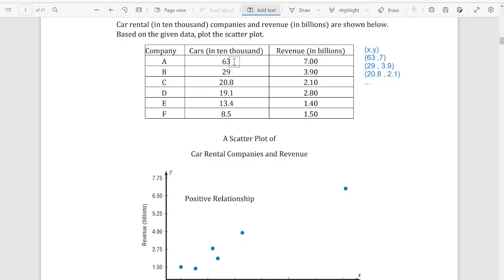So in this case, untuk cars you have the lowest is 8.5, and then the highest is 63. So you have the values from 8.5 until 63 over here. And then for the revenue, it goes from 1.4 until 7.75. So you have the lowest is 1.4 kat bawah ni, and then goes to 7.75.